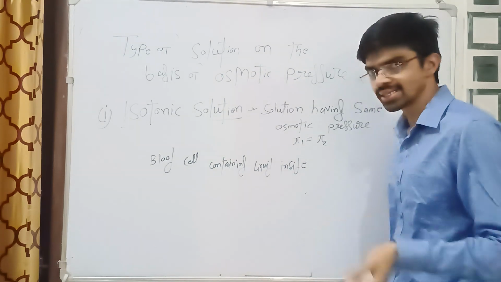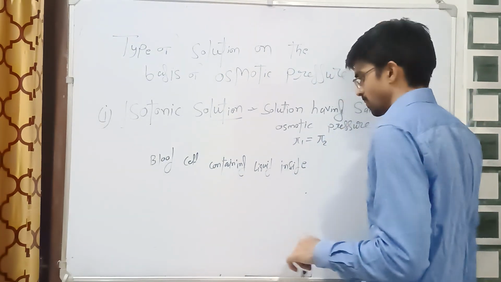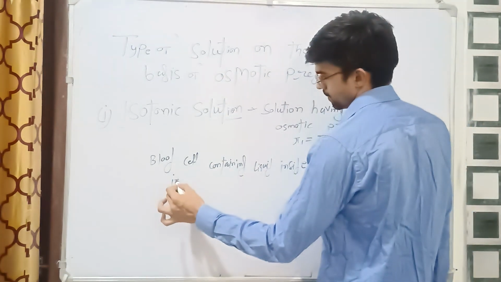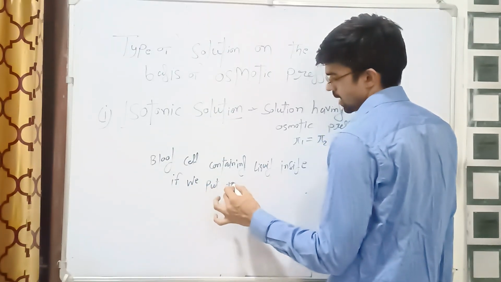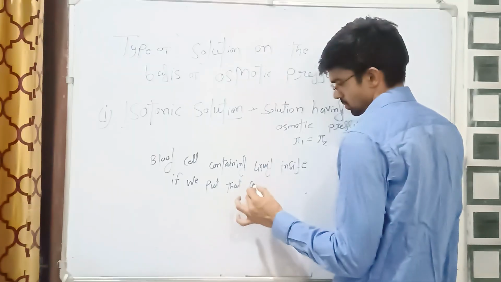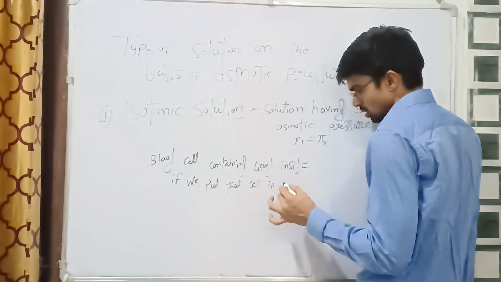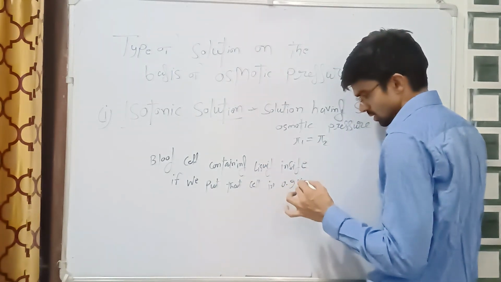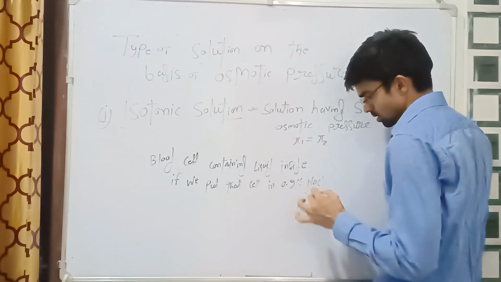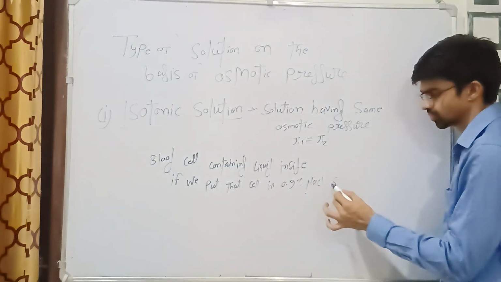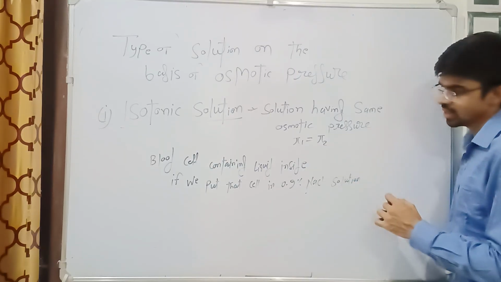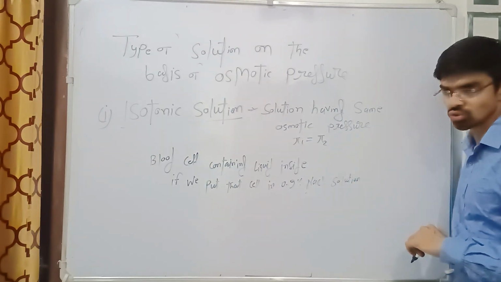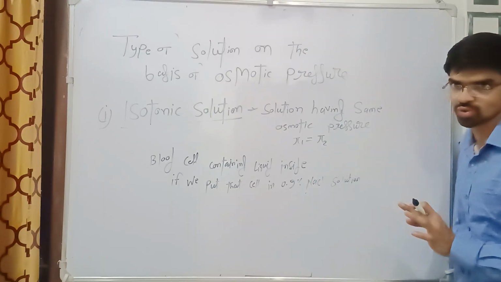If we put that cell in 0.9% sodium chloride solution, then it will form an isotonic solution, meaning there will be no osmosis.